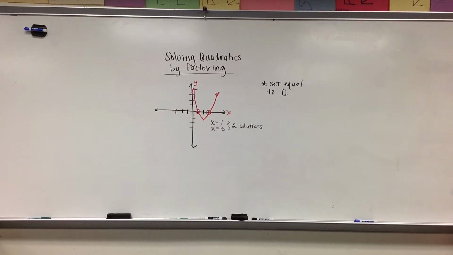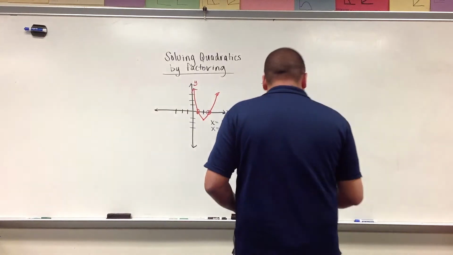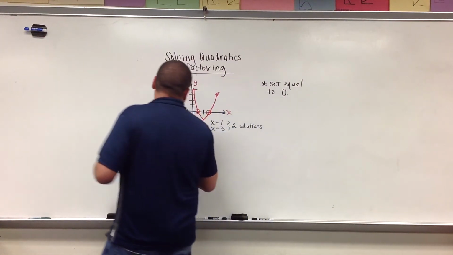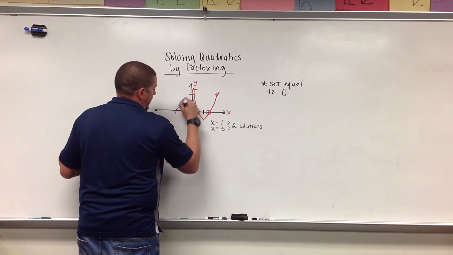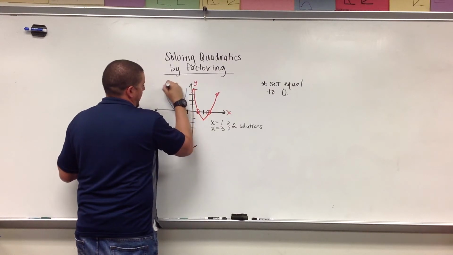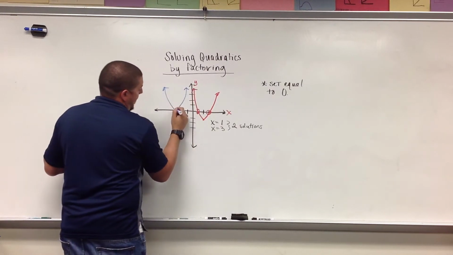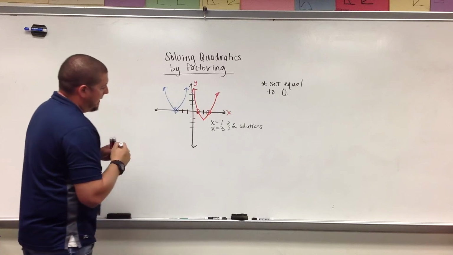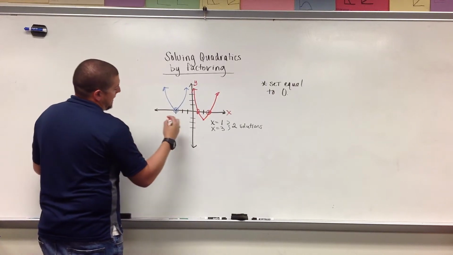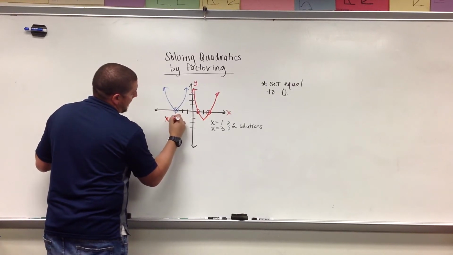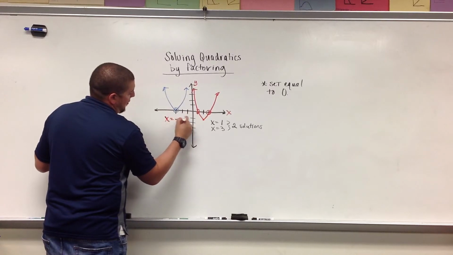Okay, what if I had a situation where I had a parabola touching right here? Well, my x-intercept is right there at x equals negative 3.